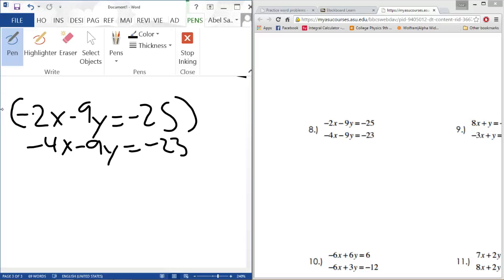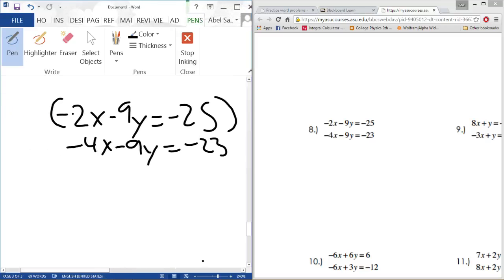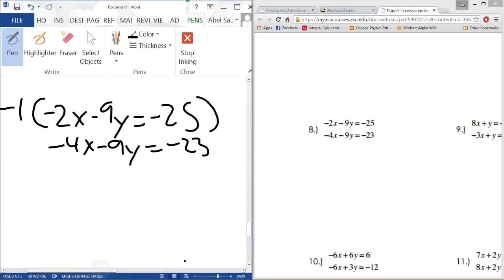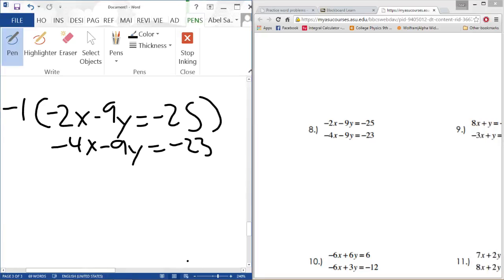Let's multiply the whole equation by negative 1. What does that mean? It just means we multiply each variable and each number in the first equation by a negative number.